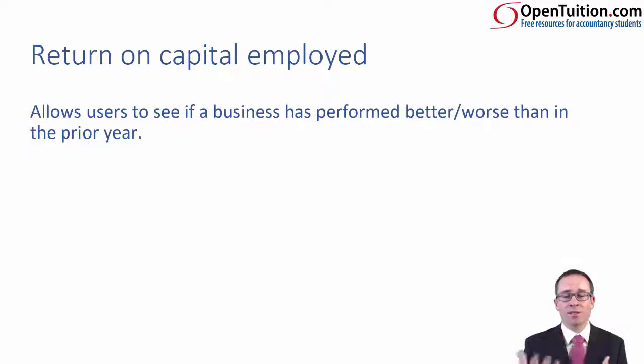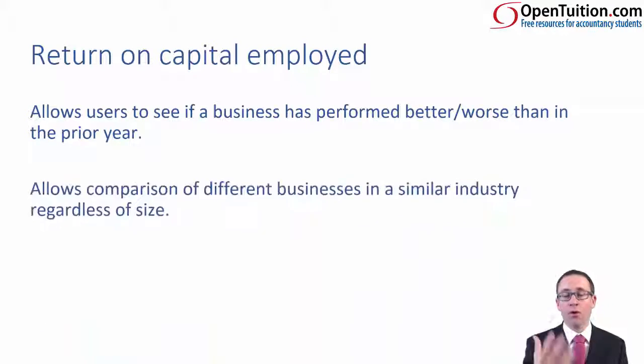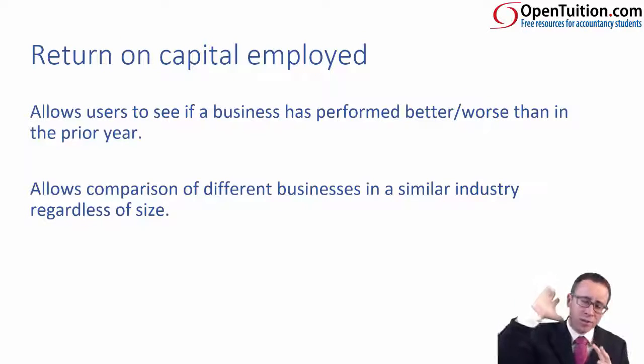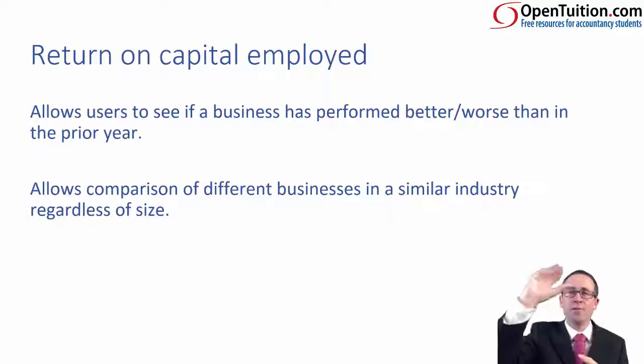We measure it as a percentage, and not only does it allow us to see if we as a company perform better or worse, what I also like it to do or show us is that it gives you a really good comparison between entities. So you could have two entities in the same industry, but one of those businesses could be absolutely massive. It makes huge amounts of profit.